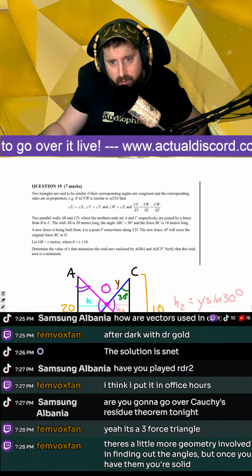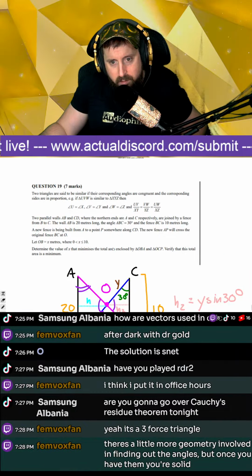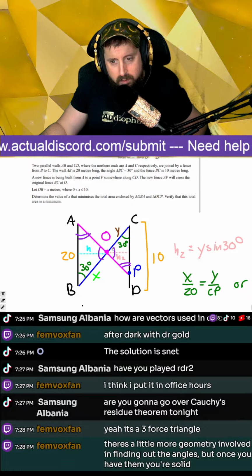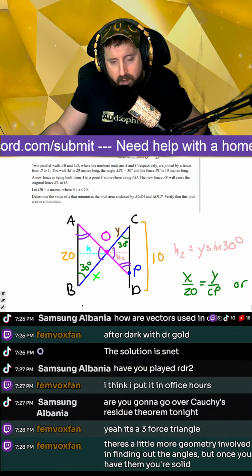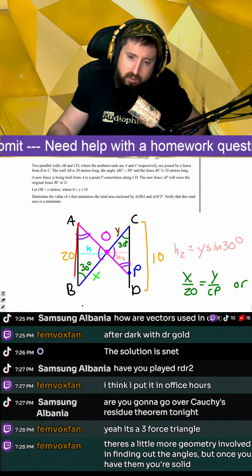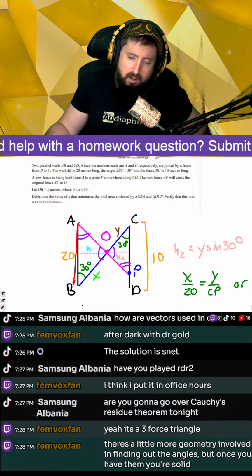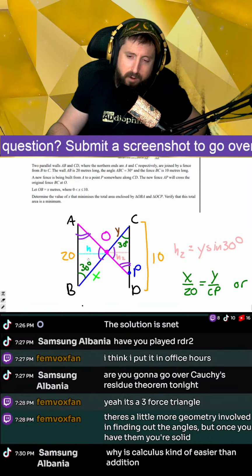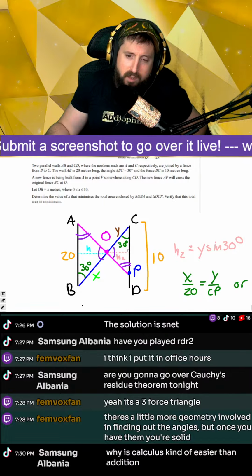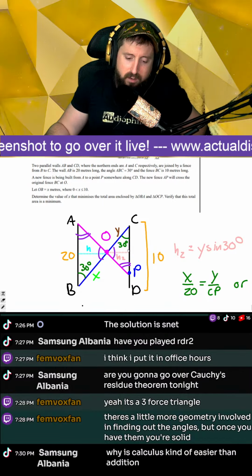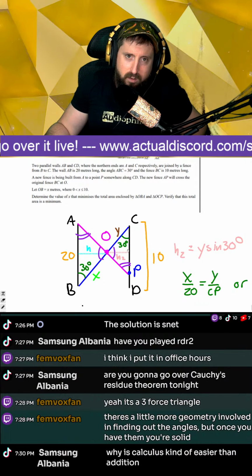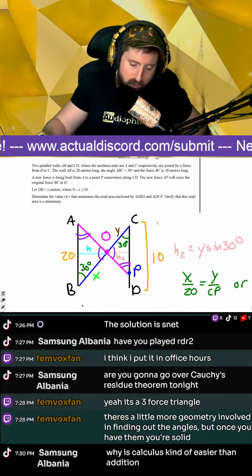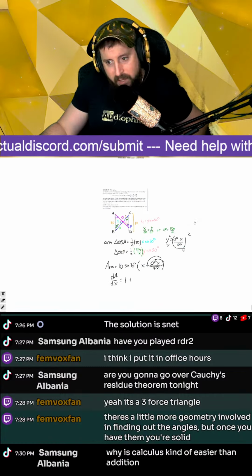Wait, how do we know that's 10, though? Oh, I get it. If I know this is 20, I know this is 10. You're doing 20 sine 30 plus 10 sine 30. Yeah. Okay. Anyways, this is cool. I like the solution. That's fun.